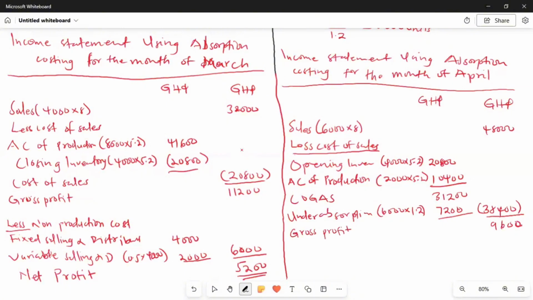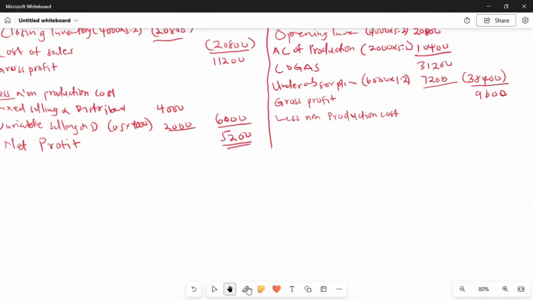So when you get your gross profits, we less non-production costs. So what is our non-production cost in the question? Our non-production cost in the question is the fixed selling and distribution and the variable selling and distribution.